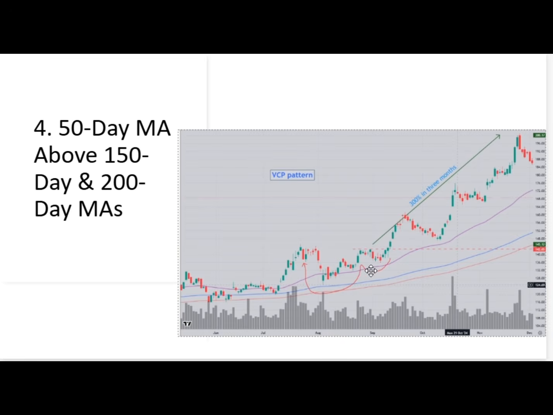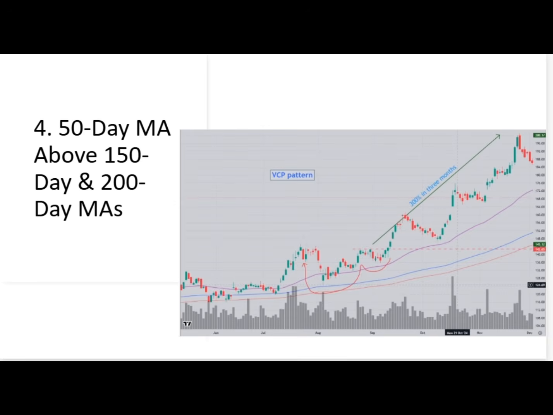We should see the 50 moving average is above both the 150 and 200. And as we can see here, the purple line, which is the 50 MA, is way far above the 2 MAs. So it's not only above, but it's way far above the 2 MAs.